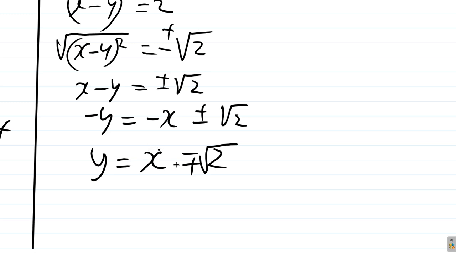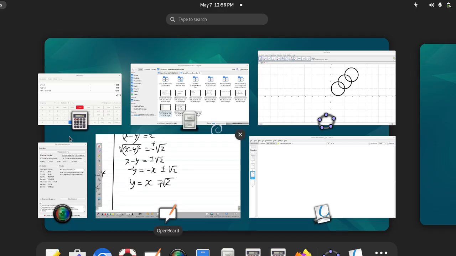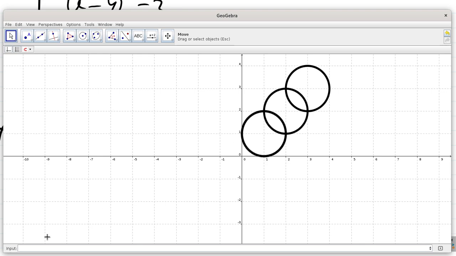Now, let's plot the graph for y equals x plus square root of 2. By the way, what is square root of 2 again? Let me see on my calculator. 2 square root here, 1.414. So y equals x plus 1.414, and then y equals x minus 1.414, and see what they look like.